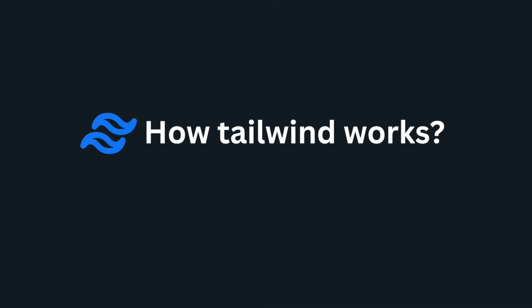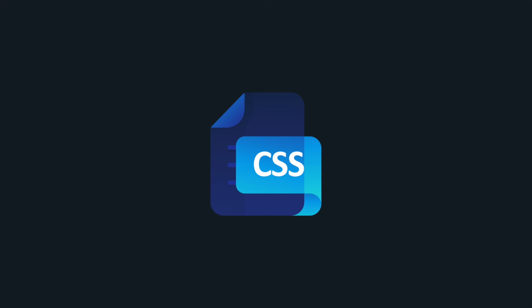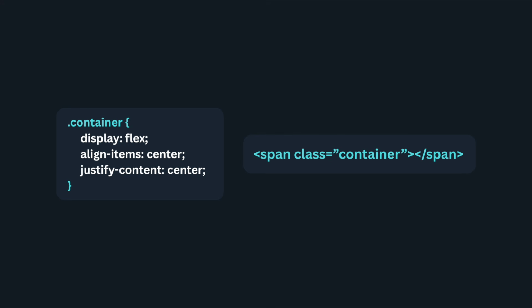Let's break it down. First, I want you to think about how we normally write custom CSS. What we usually do is define a class inside a CSS file and then assign it to an element. For example, here we have this container class which is defined in the CSS file, and it has the display flex property, then align-items center and justify-content center.